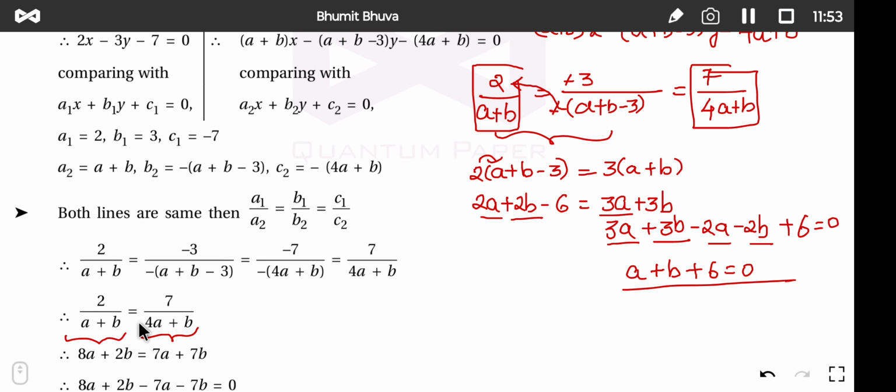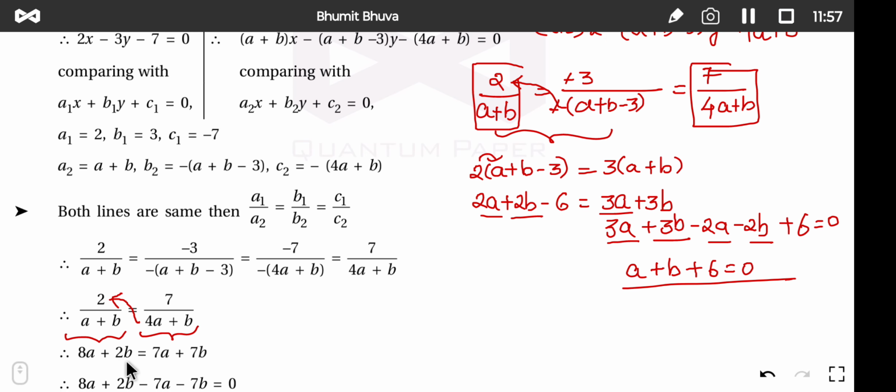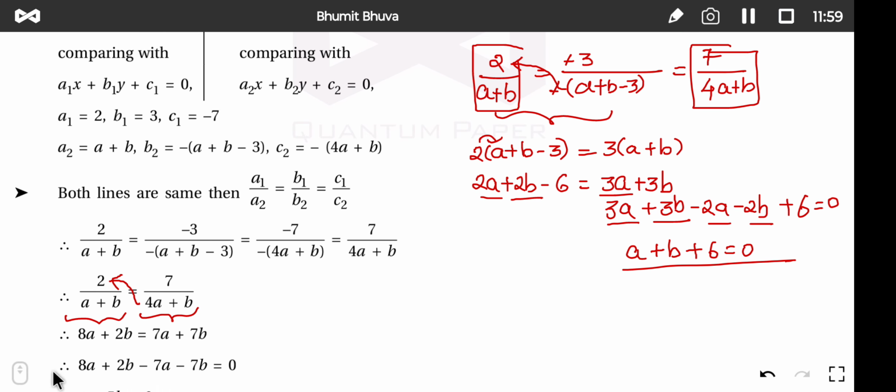If we do the cross multiplication, 4a plus b into 2, it will become 8a plus 2b, is equal to, if we multiply 7 with a plus b, it becomes 7a plus 7b. Then if we shift the term 7a to this side, 8a minus 7a, that is a.